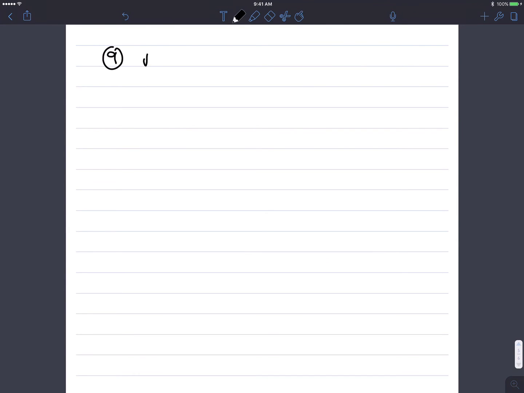Number 9. The square root of 2 over the square root of 3. Multiply by the square root of 3 over the square root of 3. We get the square root of 2 times the square root of 3, over the square root of 3 times the square root of 3.